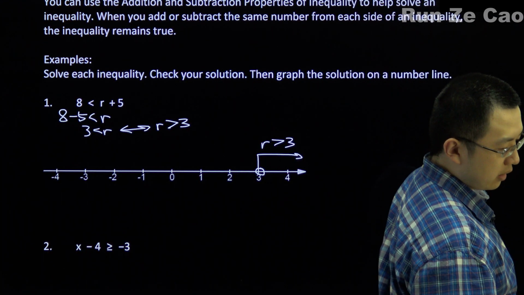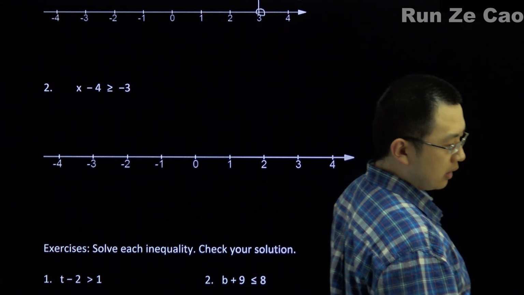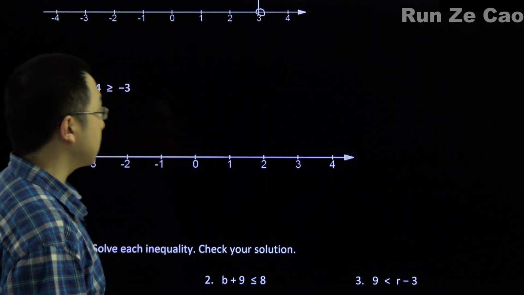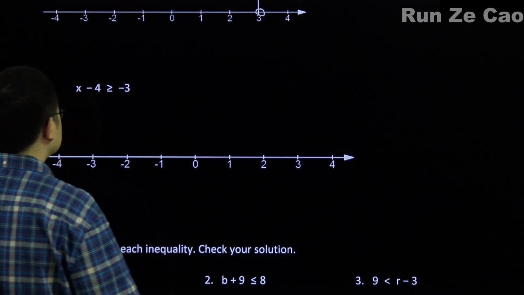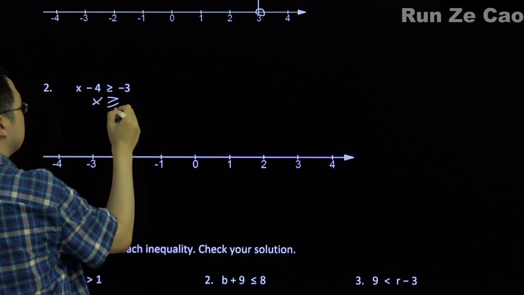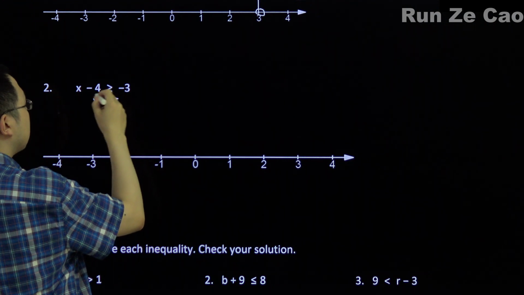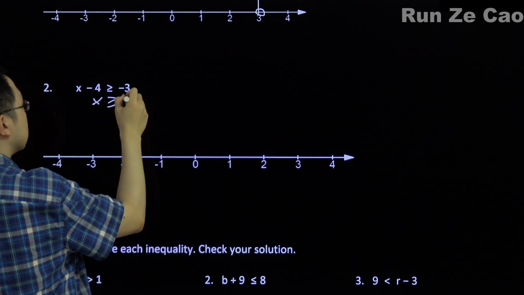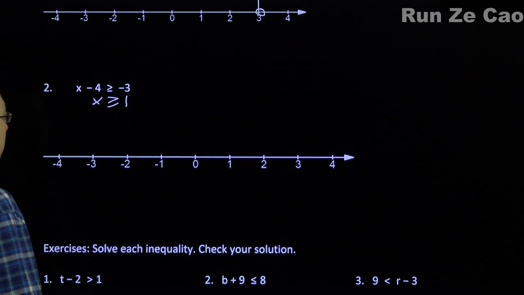Now, x minus 4 is greater than or equal to -3. We can add 4 to both sides. -3 plus 4 is 1. Think about it.